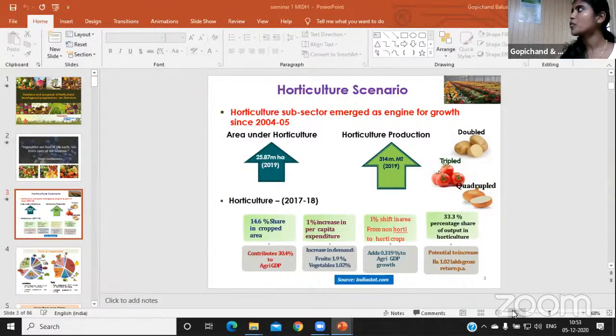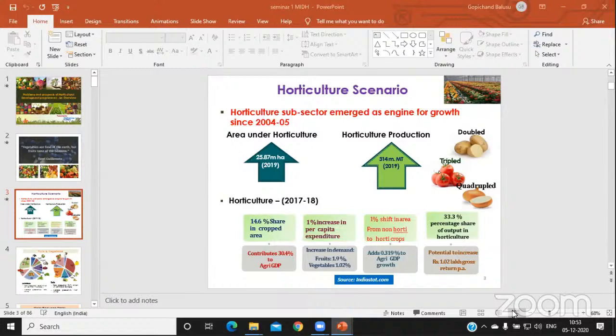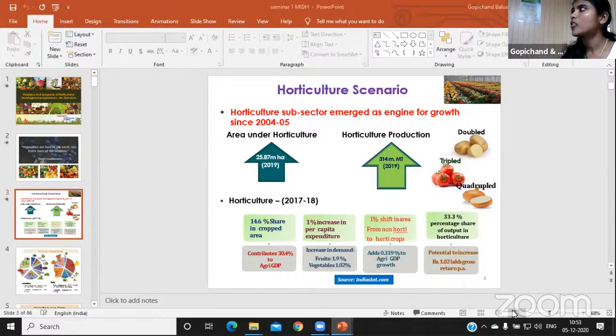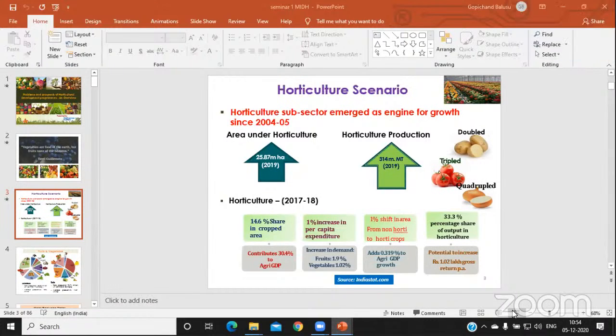And the area and production of the fruit crops after the NHM: 21% change in the area of fruit crops, 70.3% change in production, and 40.77% change in the productivity. And area and production of vegetable crops after NHM: 42.09% change in the area, 68% change in the production, and 18.43% change in the productivity.